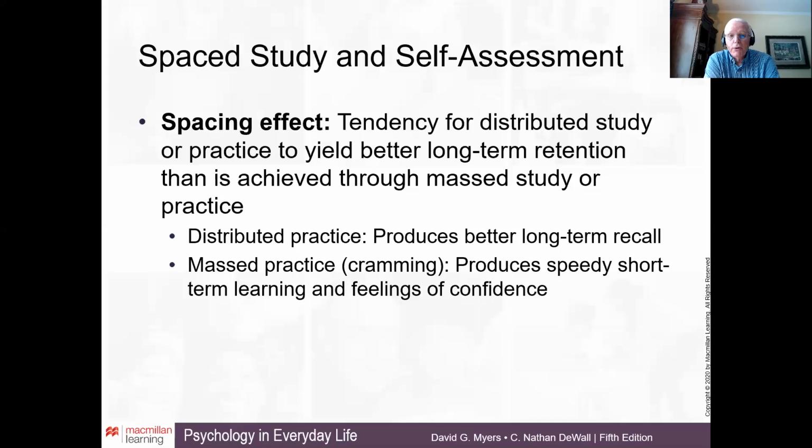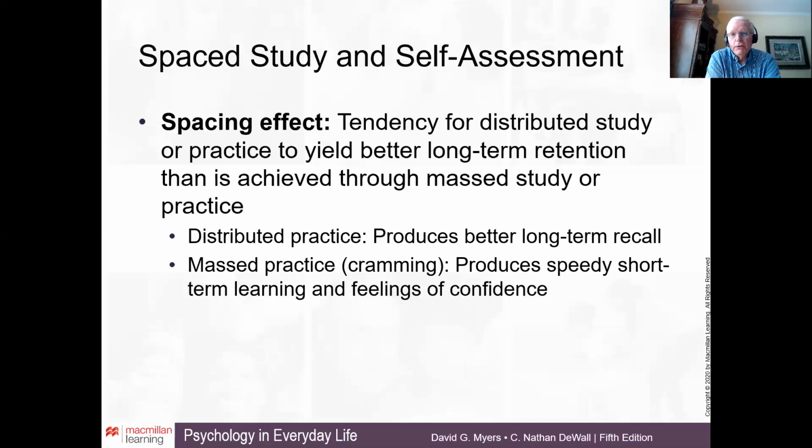We can contrast this kind of distributed practice with massed practice, also called cramming. We've probably all done cramming at one time or another, where we may stay up late the night before a test, trying to catch up on our studying and to get ready to take the test.